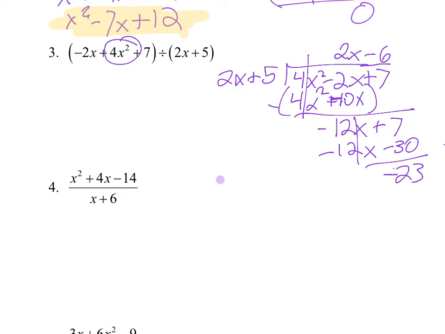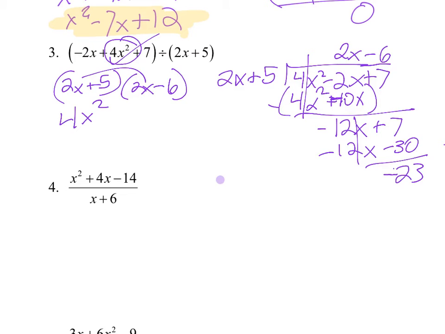So 2x plus 5 times 2x minus 6. I get 4x squared. Check. I get minus 12x plus 10x, which is going to eventually lead me to negative 2x.